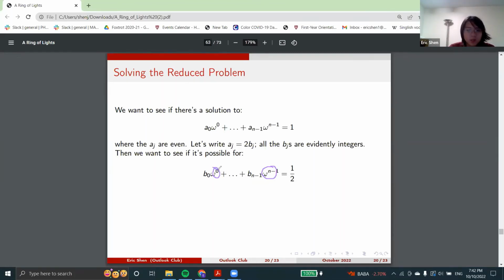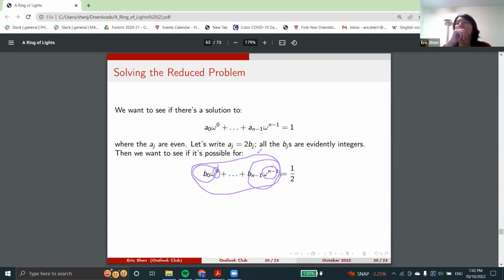So this is an algebraic integer, this is an algebraic integer, and everything in between. Finally, we know that the sum of any two algebraic integers is an algebraic integer. So what does that mean? That means that, if we do that a bunch of times, this entire sum is an algebraic integer, right?